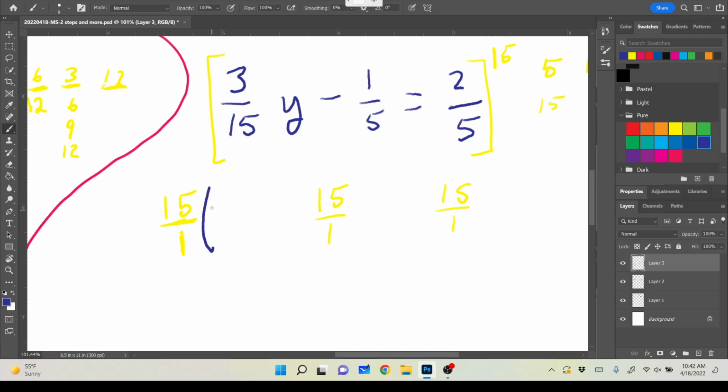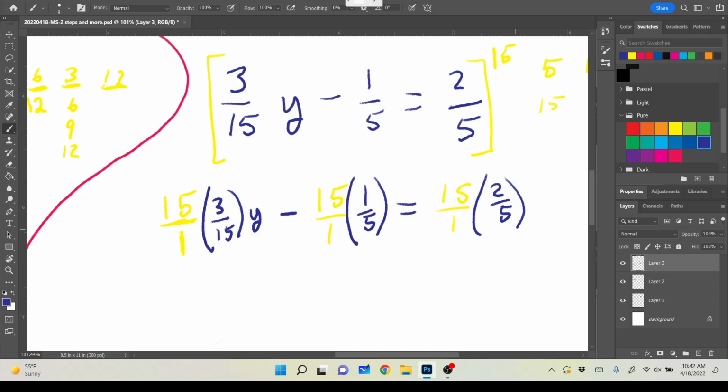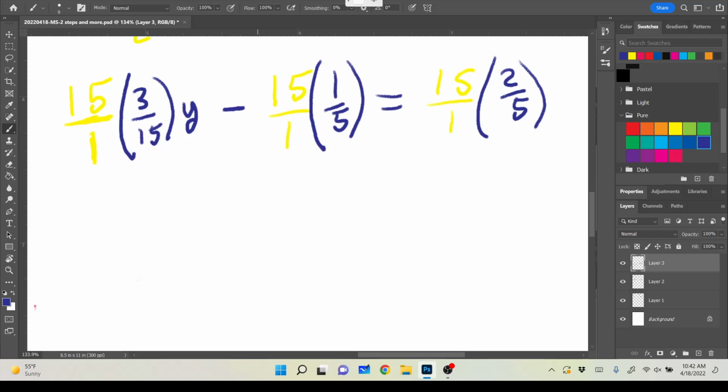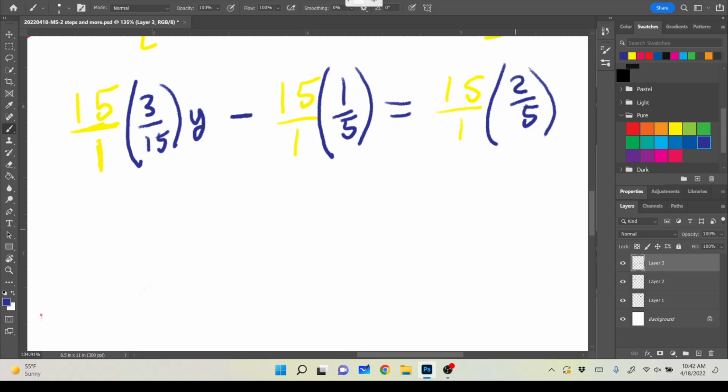So then we've got times 3/15 y. We have to make sure to put the minus, right? And put a 1/5 and put an equals and put a 2/5. What now, Olive? Reduce 15 and 15 to 1.